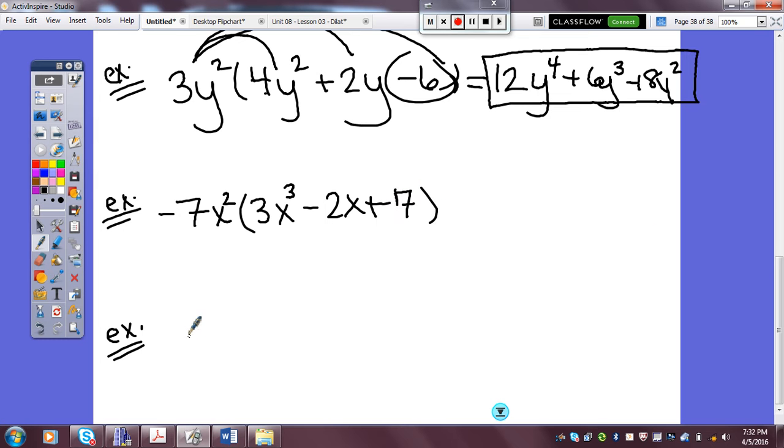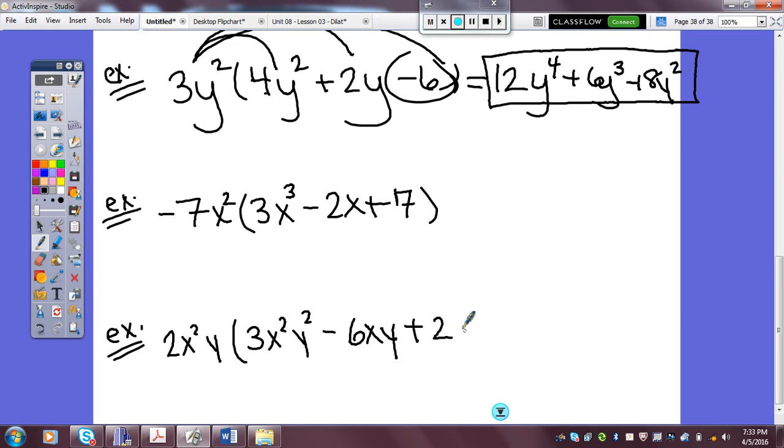And the second problem is 2x squared y times 3x squared y squared minus 6xy plus 2. So go ahead and pause this video, and when we all finish, we'll go over the answers together.